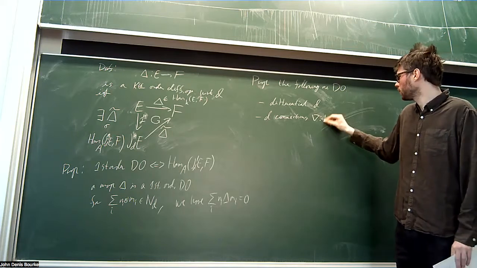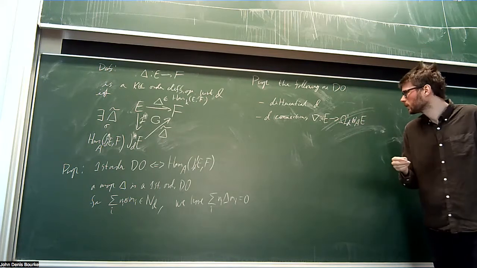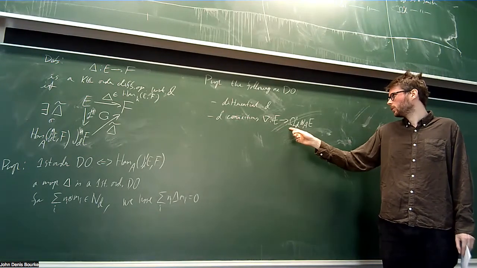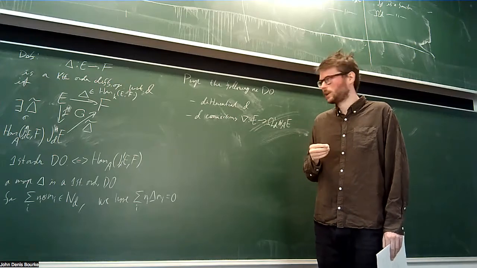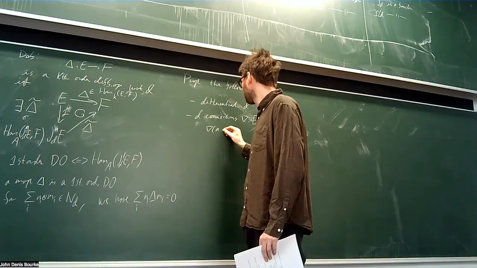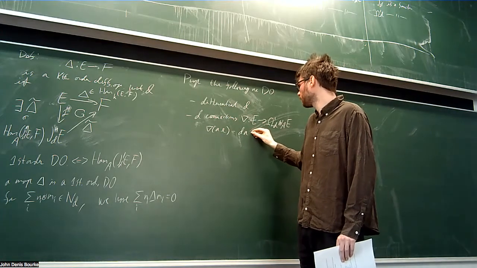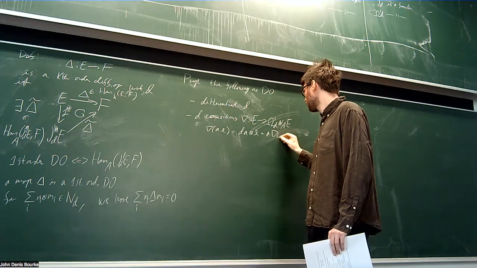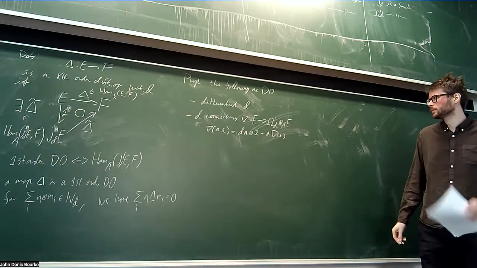D connections go from some module E to Omega 1 tensor over E, such that a particular Leibniz rule is satisfied, where A is an element of A and E is an element of E. And then it's linear up to this differential term. So that's a D connection.